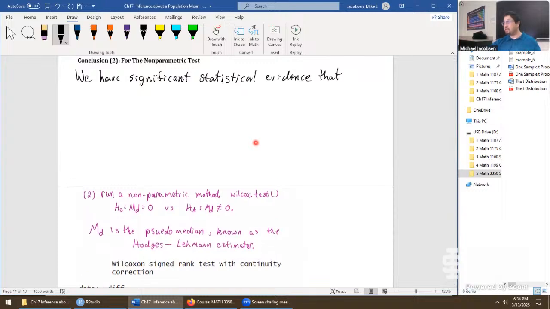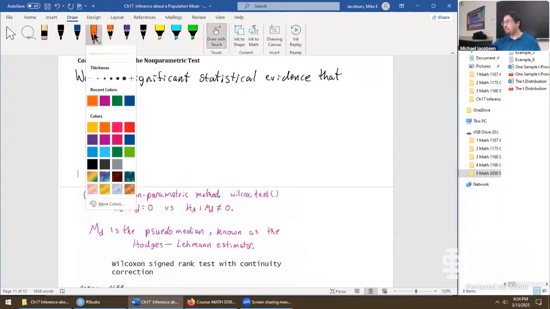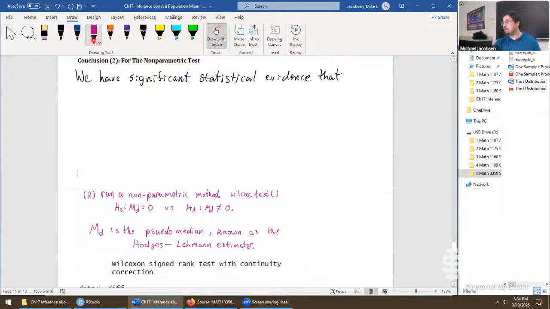Let's put that down below. So we'll say we have significant statistical evidence that the population, let's be honest, it's not the median. And if you said it was the median, it's pretty close actually, and people would really understand what you mean.